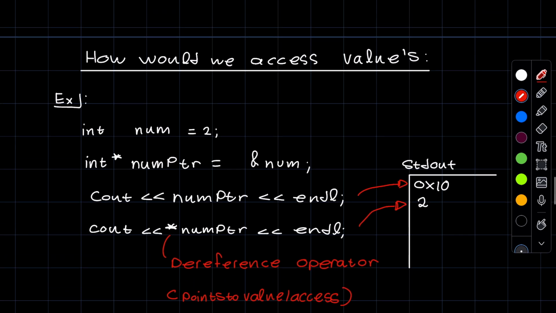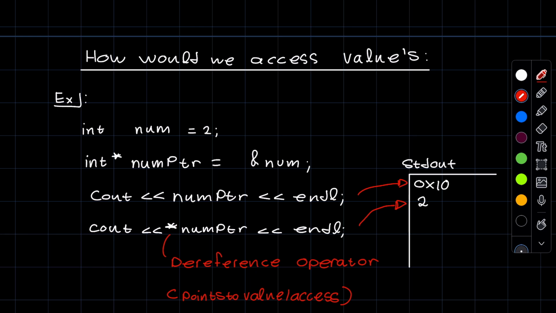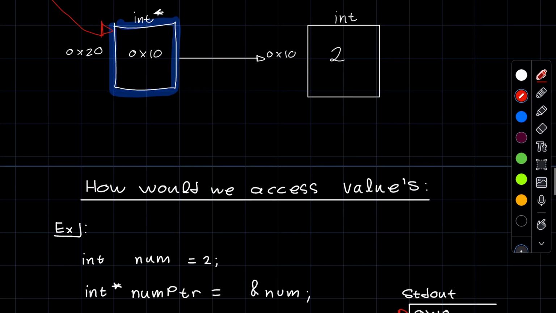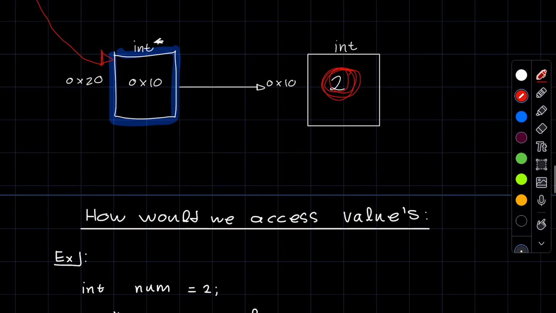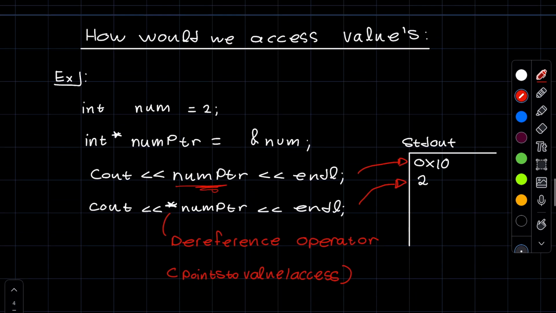So when we just display num pointer itself, you may be wondering, okay, it's going to display the actual value, the number 2, because it's pointing. However, just like any variable, when you cout, it's going to display its own value. So for this instance, num pointer is going to display 0x10, as shown in the standard out below, right here.